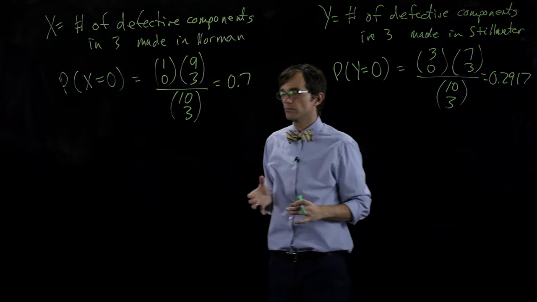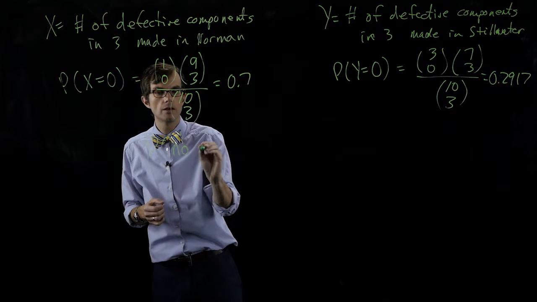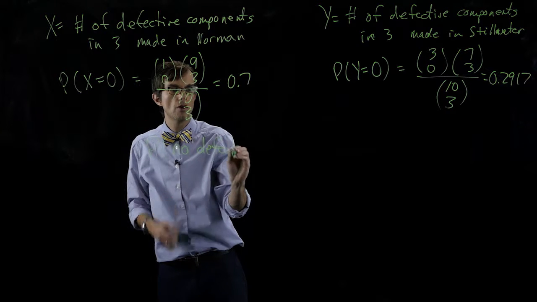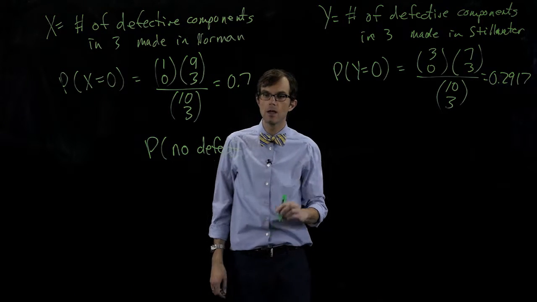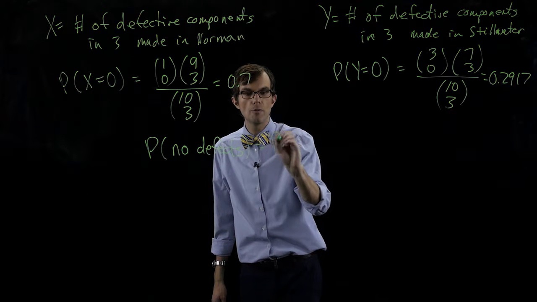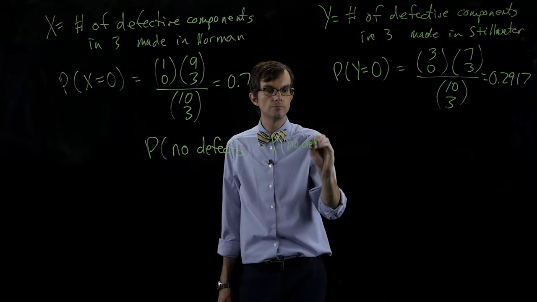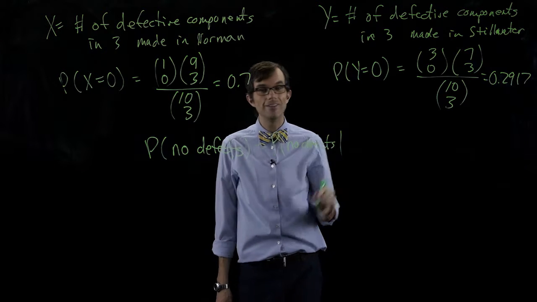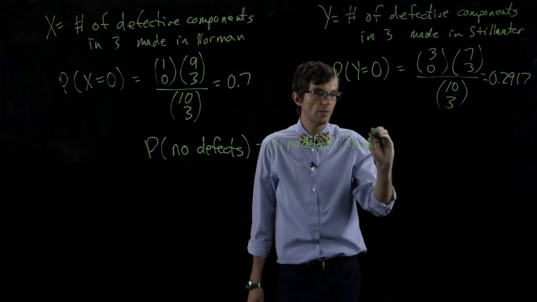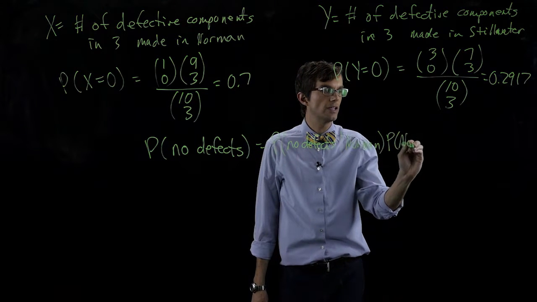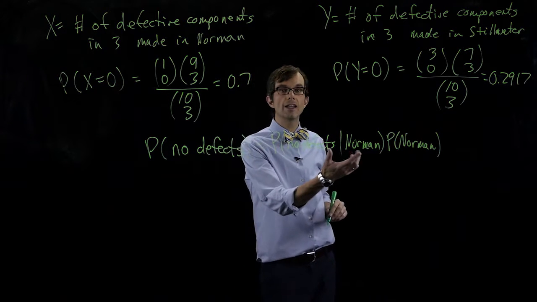So what's the probability in general that we get no defects from the sample that we pull from a batch? That is the probability that we get no defects given that it was made in Norman, times the probability that it was made in Norman. These are not independent of each other.